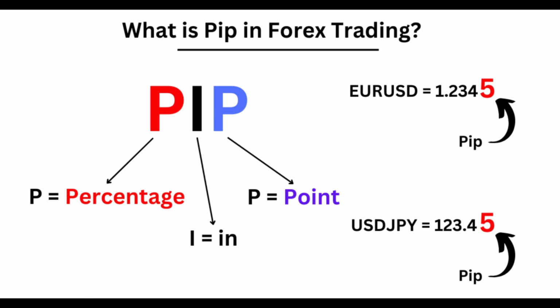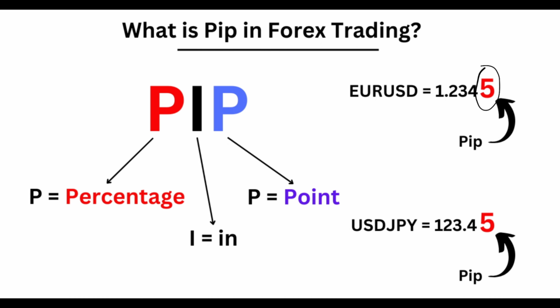So take for example Euro USD, the exchange rate is 1.1345. So this five behind is considered as the pip. The five is considered as the pip, right?